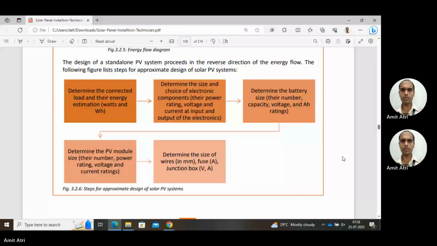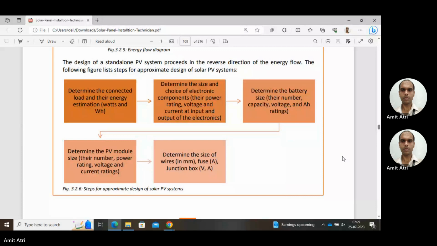The next step, determine the size and choice of electronic components. So which type of parameters? The power rating, voltage, current at input and output. So these parameters we have to determine for the power electronic components. So the inverter, we can decide in this way.